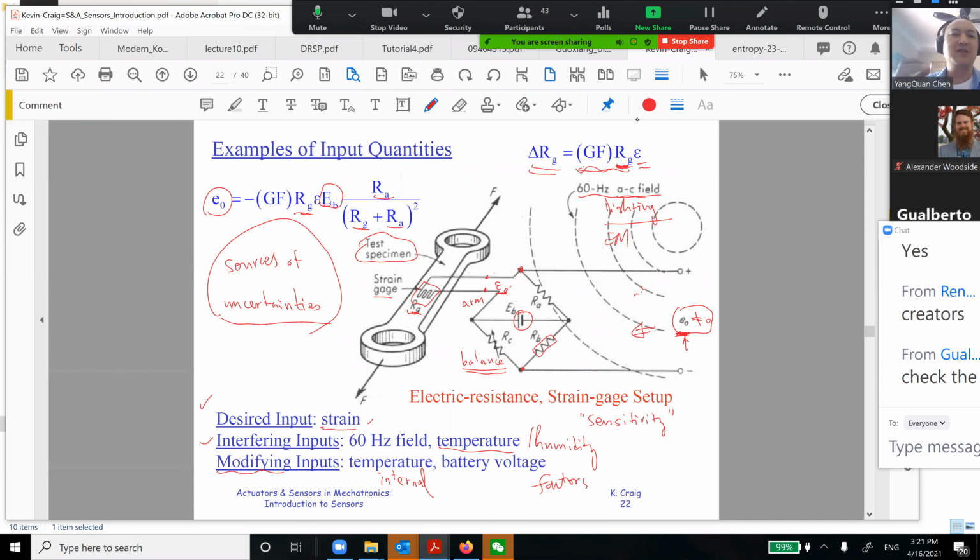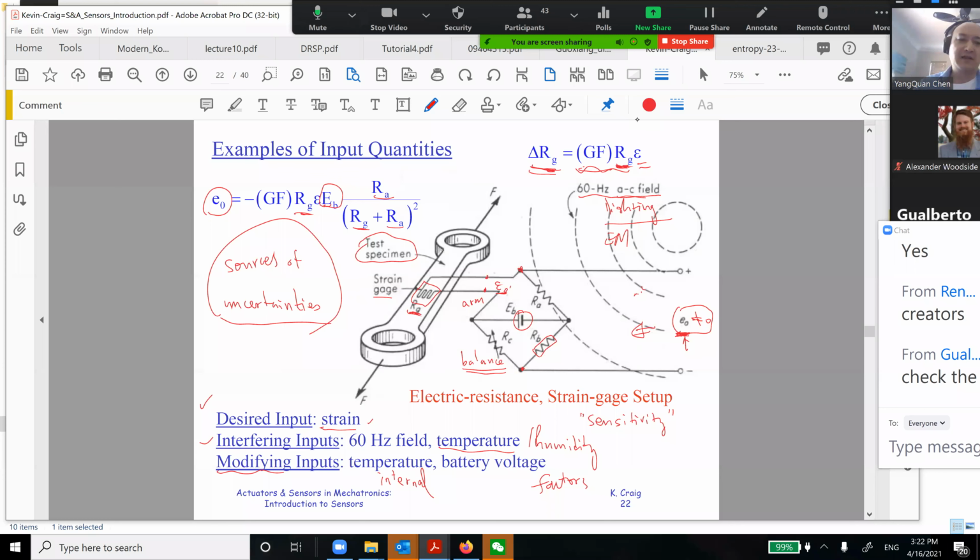So when E0 is 0 it means there's no strain, no stretch, okay? When you have stretch, then E0 is not 0 because this RG changed a little bit, okay? That little bit will be reflected on the E0. The bridge is no longer balanced, okay?